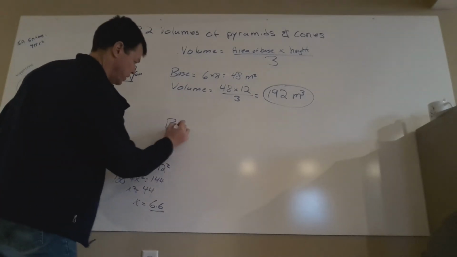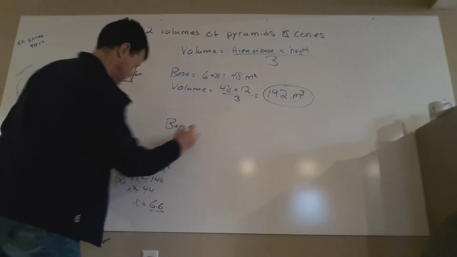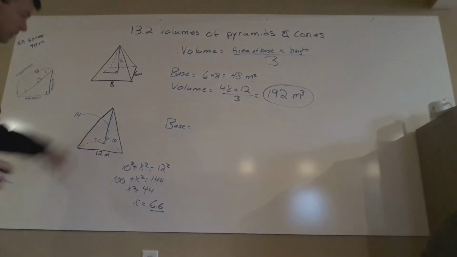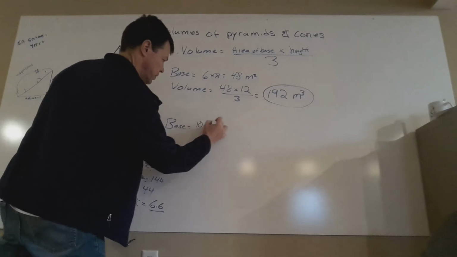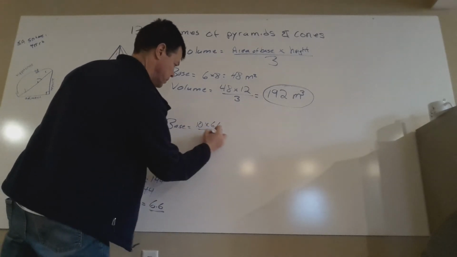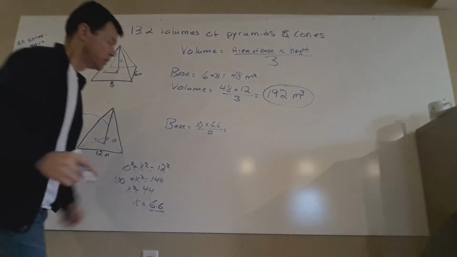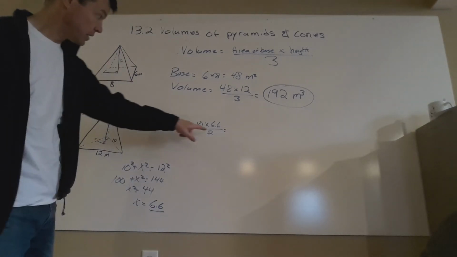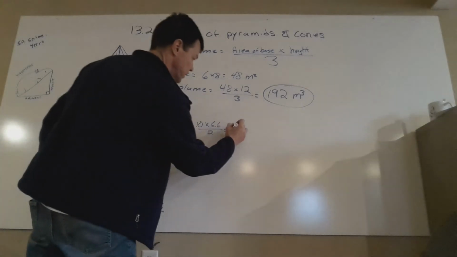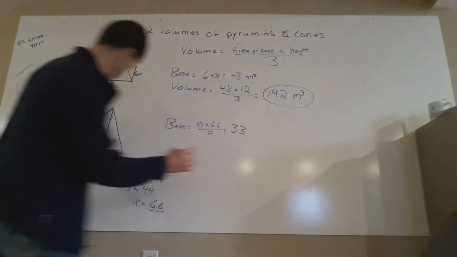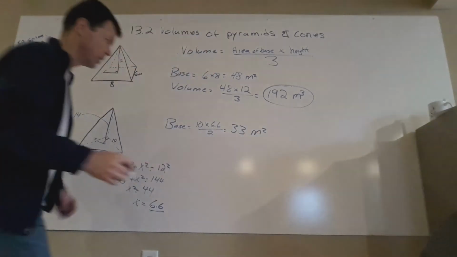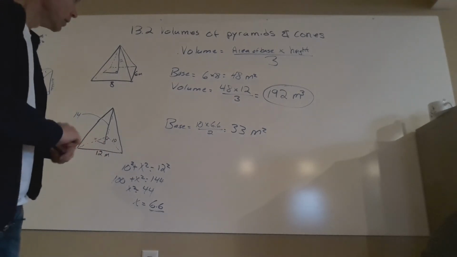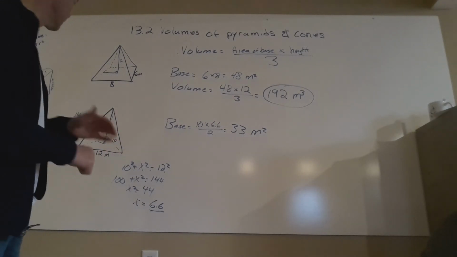So our base is 10 times 6.6 divided by 2. 10 times 6.6 is 66, divided by 2, 33. So the area of the base is 33 meters squared.